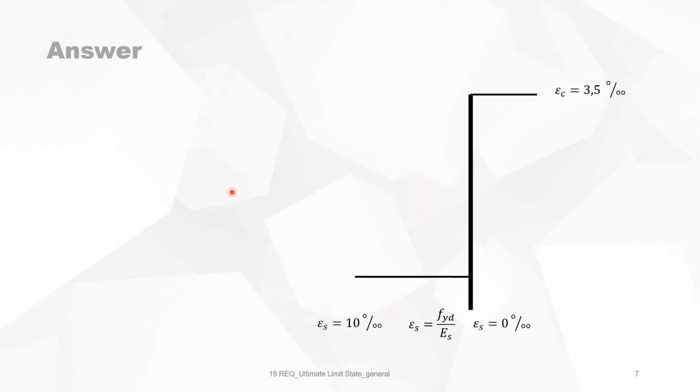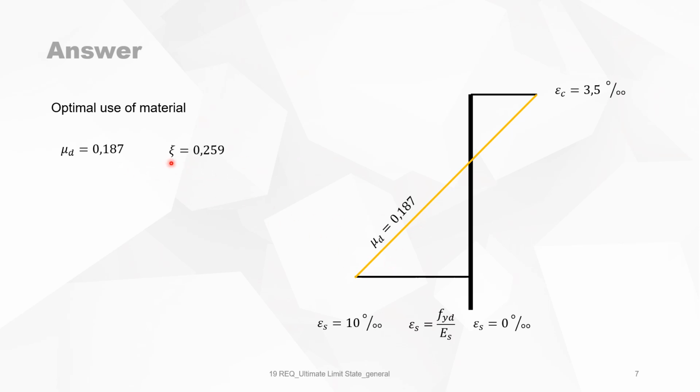Now, let's make a summary of the three cases. For optimal use of material, epsilon S is 10 per mil and epsilon C 3.5 per mil. Mu D is then 0.187, and C, the position of the neutral axis, is 0.259. Then we go over to the maximum bending moment capacity, which is the right-hand side of zone 2A.